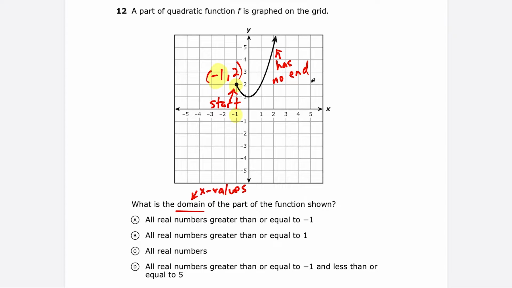So if we wrote this in interval notation, I would put a bracket around -1, and this keeps going to infinity. I would put an infinity like this. However, this is expressed in a different way. We have in the answer choices here, all real numbers greater than or equal to -1. So another way to express this set of numbers here is I could say x is greater than or equal to -1, which if we translate this into words is going to match up with choice A.